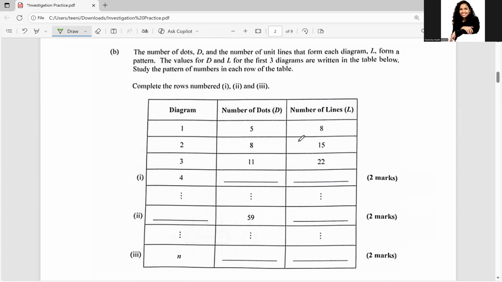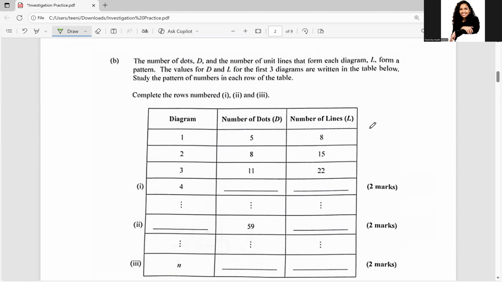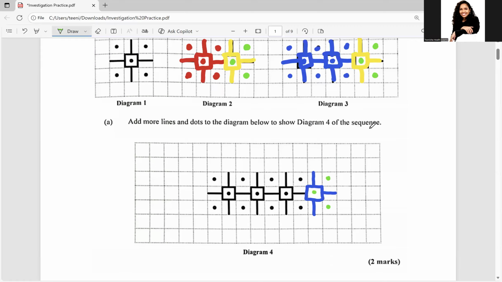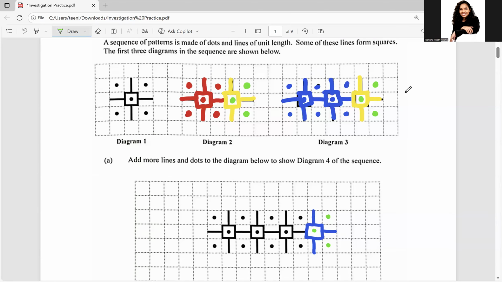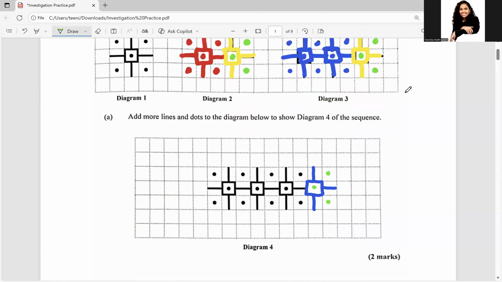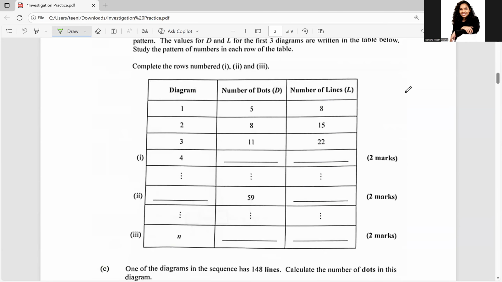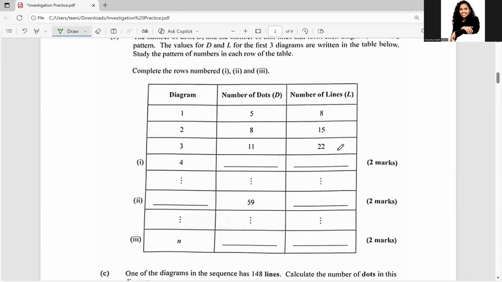So we kind of already figured out the number of dots and lines being added, right? We established that there are 7 new lines being added each time and 3 new dots. You could see it from the diagram. Here, you need to represent it in this table.